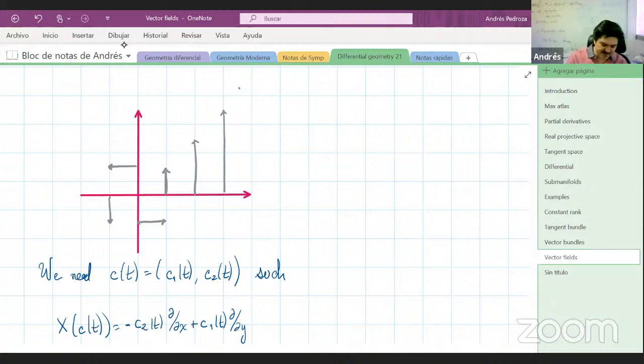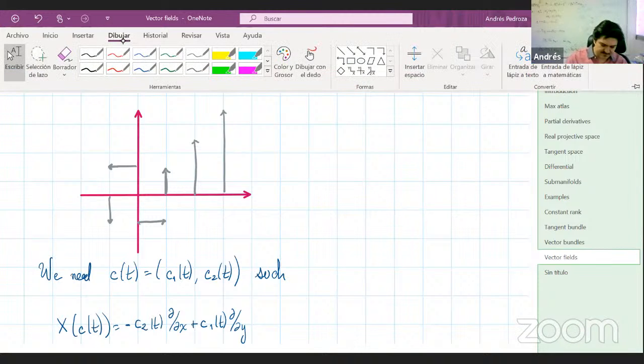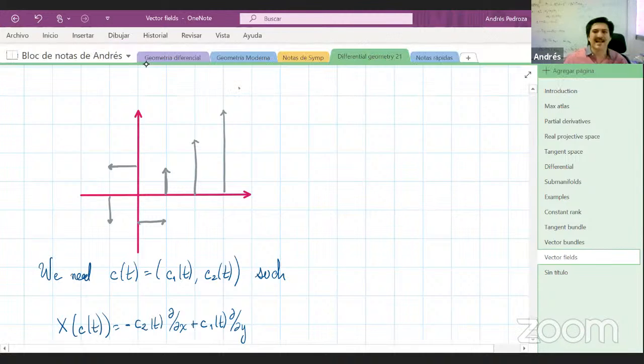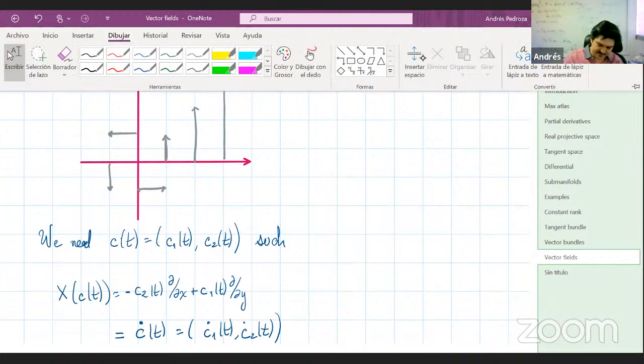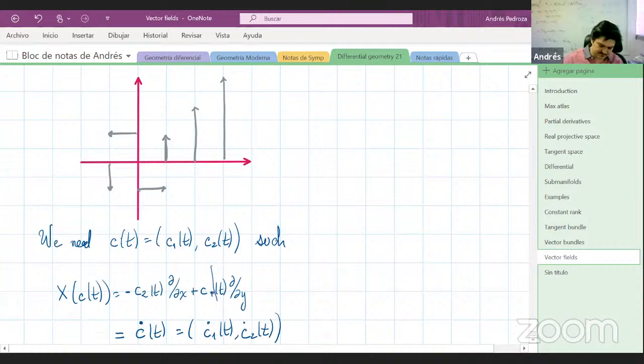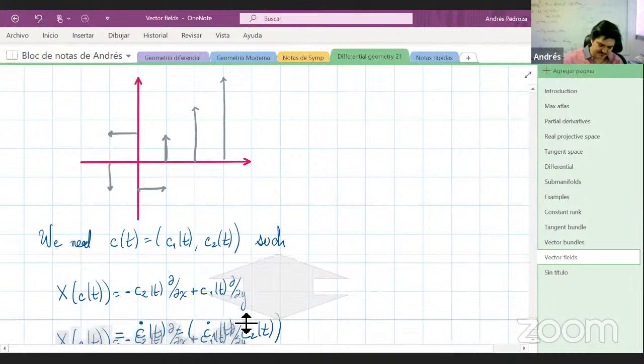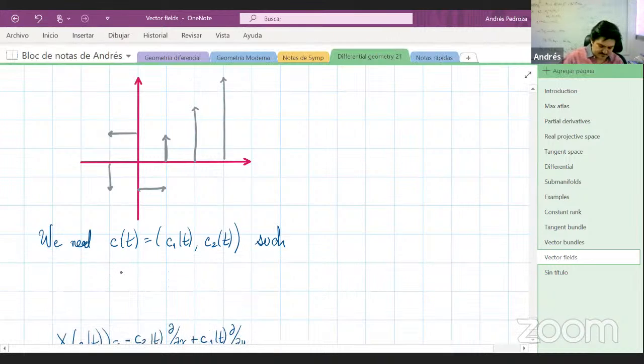So let's say that, well, in a second we will say that base point. Let me put it here. I want this to be 0, 1.